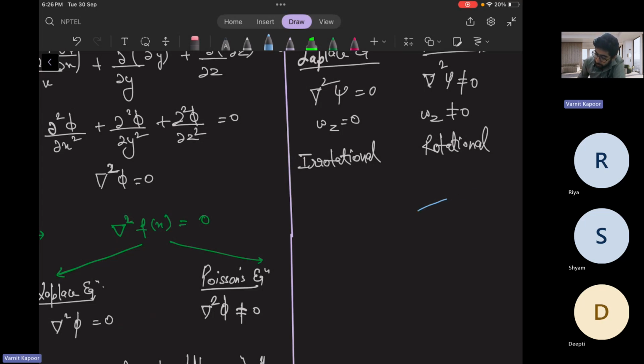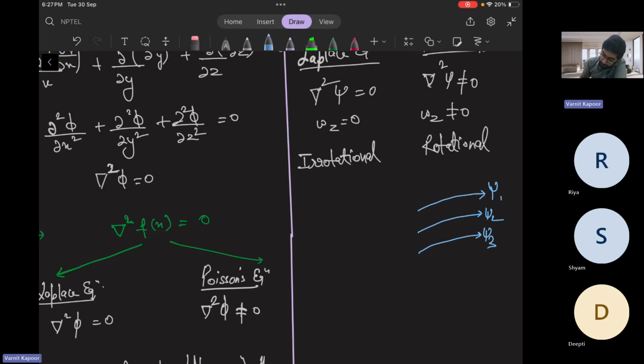Okay. So I say these are my streamlines, and each streamline has a psi value, psi1, psi2, psi3. I'll prove why psi is constant for a particular streamline, and for different streamlines the stream function values are different. But if the flow is rotational, you can't define the potential function.